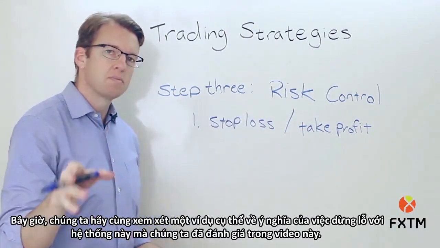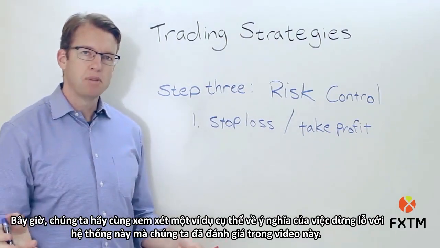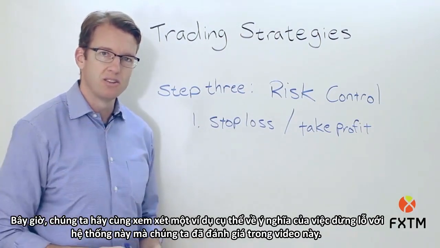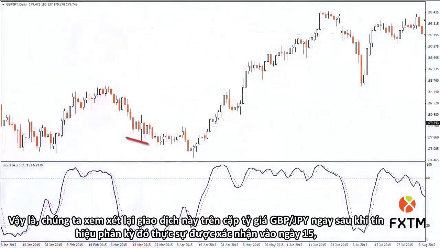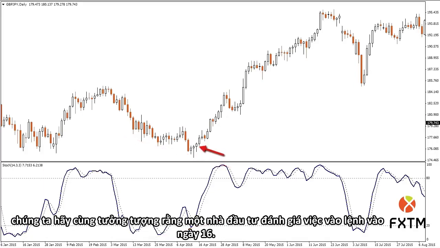Now let's take a look at a specific example of what we mean by a stop loss with the system that we've been evaluating here in this video. So if we revisit this trade on the pound yen, just after that divergence was actually confirmed on the 15th, let's imagine that an investor was evaluating an entry on the 16th.